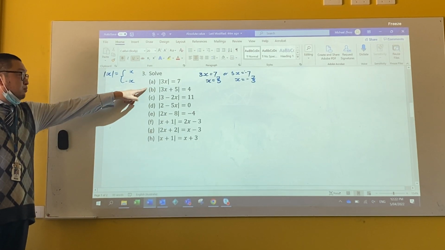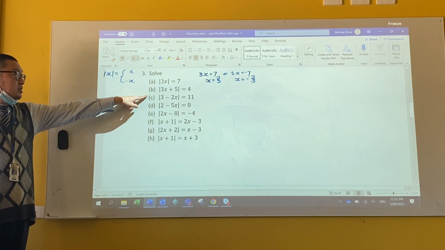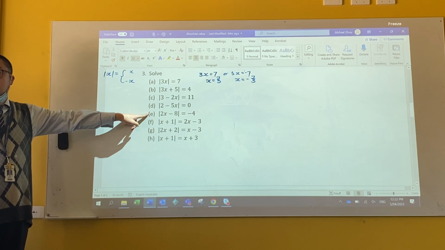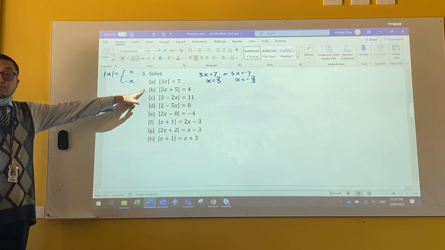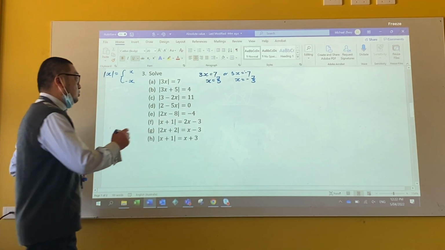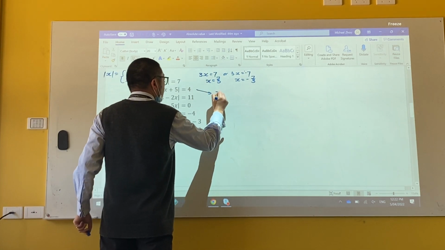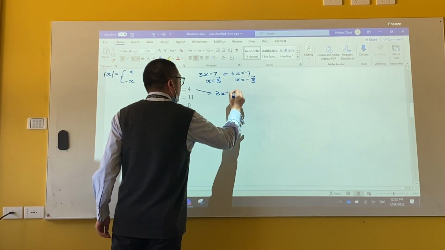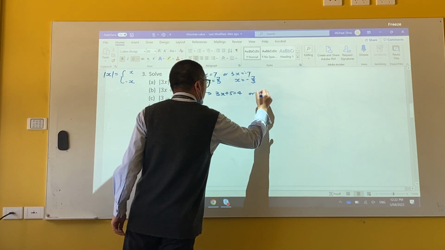Even though I finally understand this, B, C, D, E are all the same thing, just different numbers. I'm going to do B and C, and you guys can do D. Wait, what about zero? Zero, just zero. So this one is that or that.